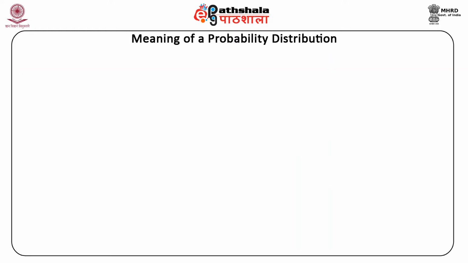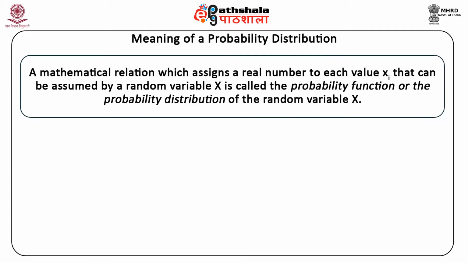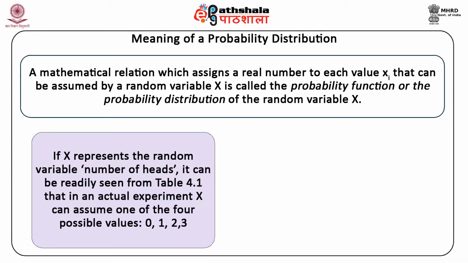Meaning of a probability distribution. A mathematical relation which assigns a real number to each value xi that can be assumed by a random variable X is called the probability function or the probability distribution of the random variable X. If X represents the random variable number of heads in three tosses of a coin, it can be readily seen from table 4.1 that in an actual experiment, X can assume one of the four possible values, that is 0, 1, 2, or 3.